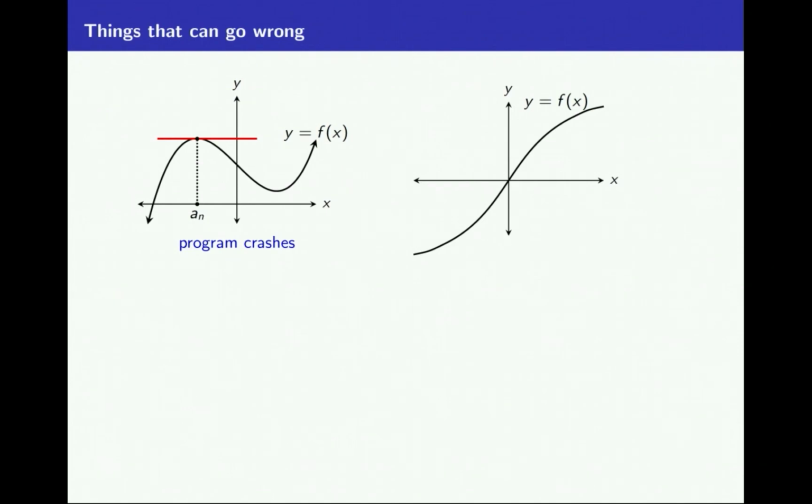Another thing that could go wrong in Newton's method is you might have something like this f of x, and you're trying to find the solution. You can see the solution right there is x equals 0. Maybe you make a guess of a1 right there, and to find a2, you use linear approximation.